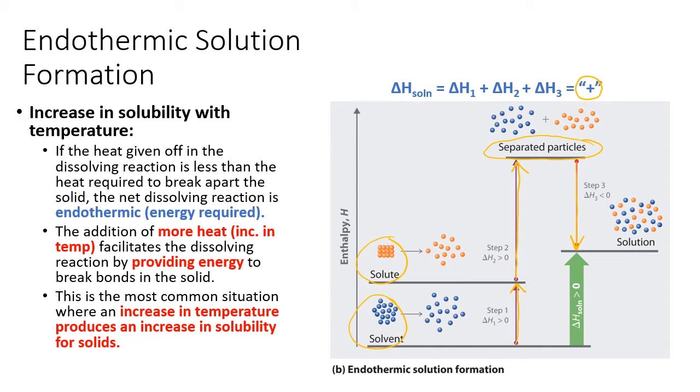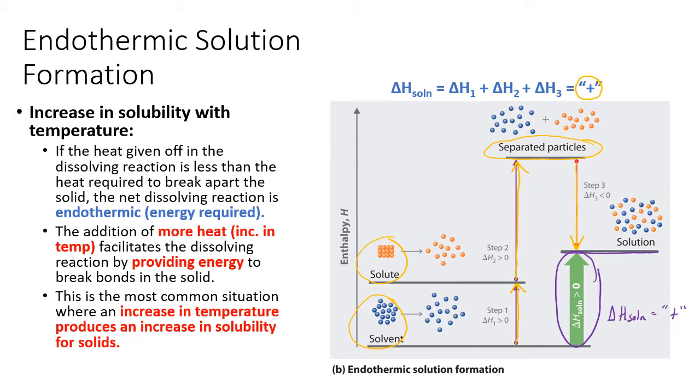In this example, we can see that the amount of energy released is less than the amount of energy that was required to break apart the individual intermolecular forces in the solute and the solvent. Therefore, the difference between the two of them is a positive value, and we have an overall endothermic process, or delta H of solution is equal to a positive value.